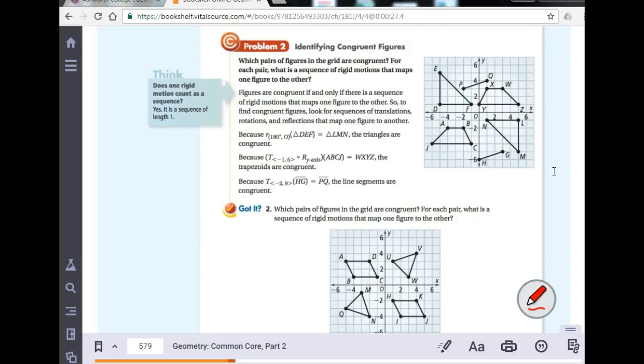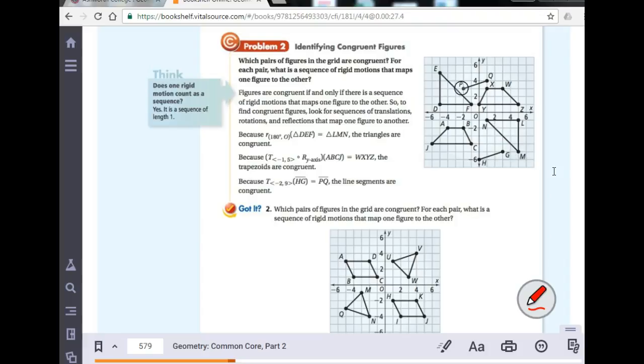Okay. Now, let's look at DEF here, this triangle right here, because if I were to rotate, which is what this stands for here, the rotation of 180 degrees about 0,0, which is your rotation point or the origin, it would end up being this triangle right here, which they're calling LMN.